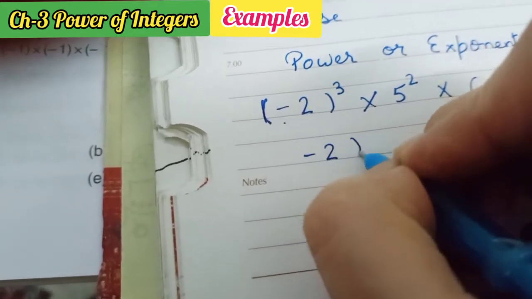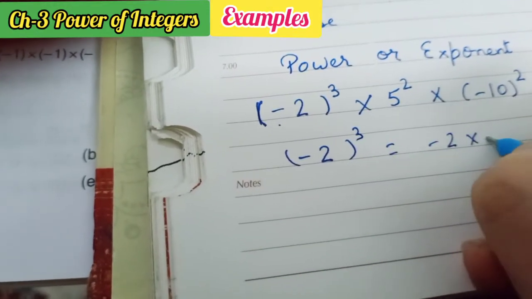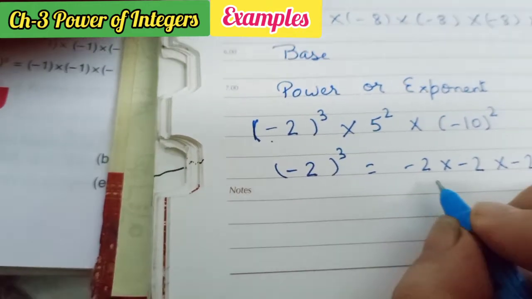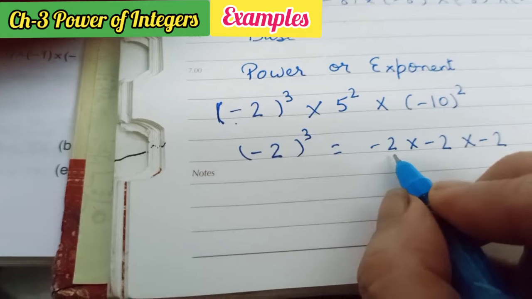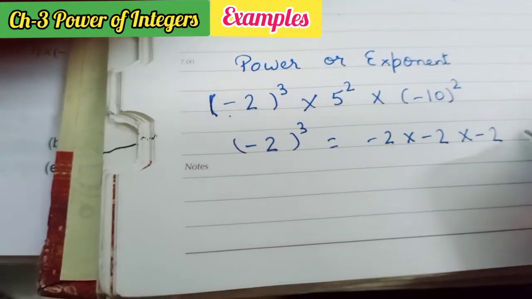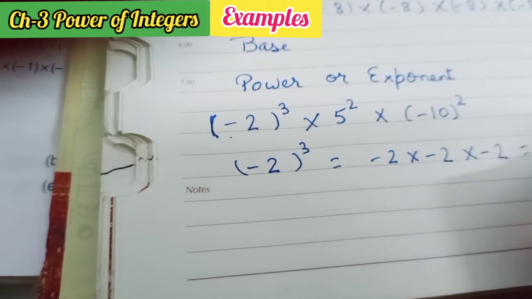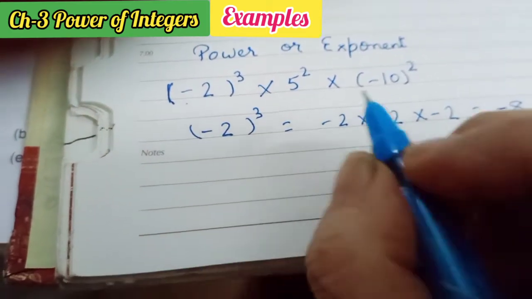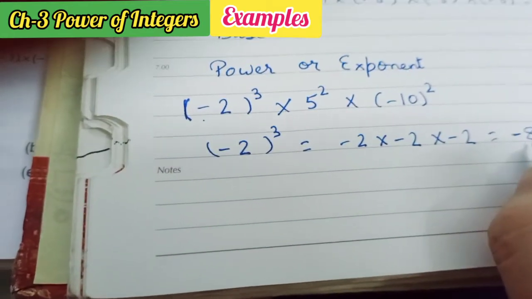That means we will write minus 2 multiply minus 2 multiply minus 2. Base is multiplied 3 times. Now multiply it. 2 2s are 4, 4 2s are 8, and 3 negative signs are there, so we will put negative sign. So we will get minus 2 raised to power 3 as minus 8.